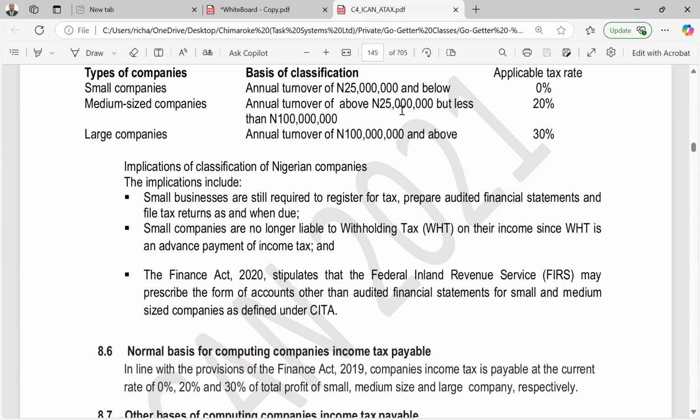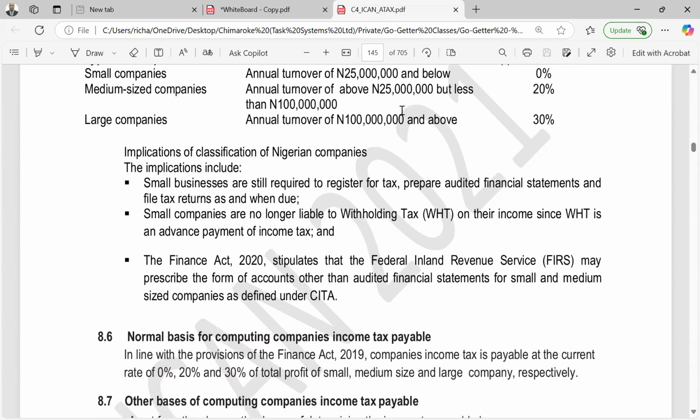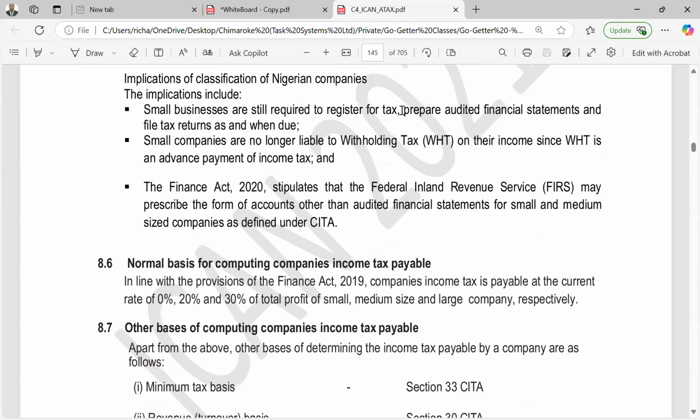Otherwise, the company that is supposed to pay you will withhold the withholding tax.